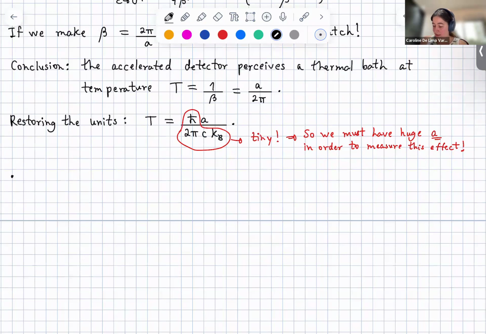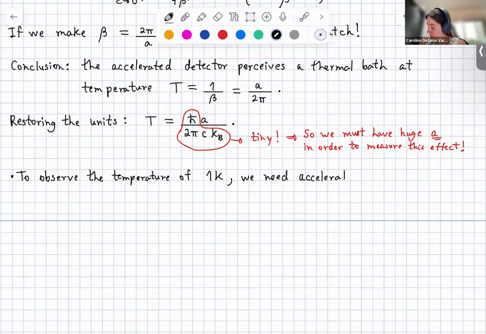What a nice example that I think everybody always gives when they present the Unruh effect, that's my impression: to observe a temperature of just 1 Kelvin, we need an acceleration of order 10 to the 20 meters per second squared. 10 to the 20, guys.